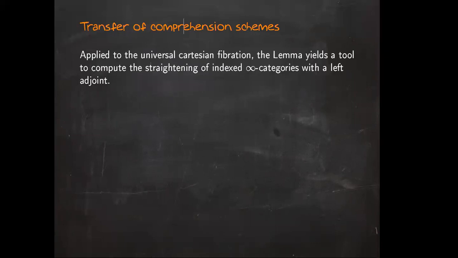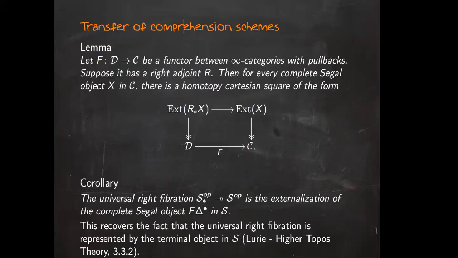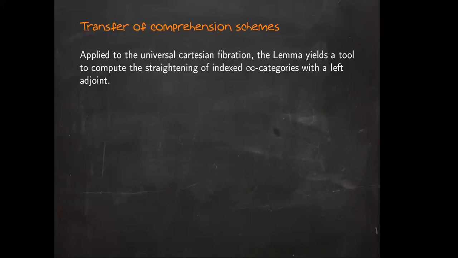So if we keep on applying this last lemma to the universal Cartesian fibration, then this gives us a way to compute the straightening of indexed infinity categories whenever they have a left adjoint, right? Because it's just the externalization of the image under the right adjoint of the freely walking chain.